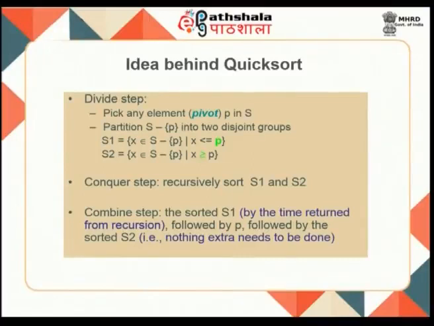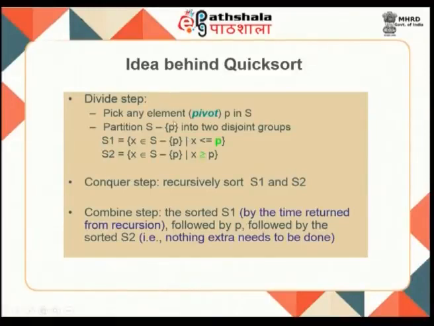What is the idea behind Quicksort? Quicksort was designed by Hoare, and the idea is very simple: we have to pick an element called the pivot element, and then use divide and conquer. We divide the problem into subproblems.